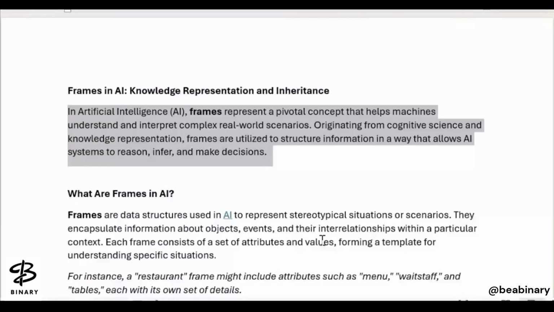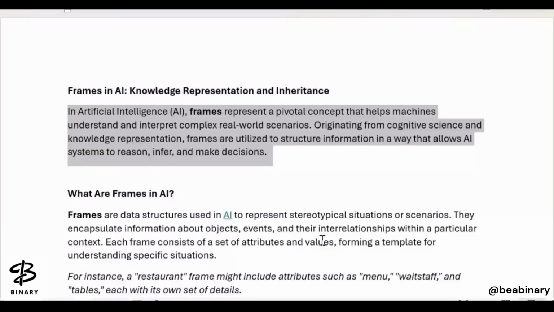Originating from cognitive science and knowledge representation, frames are utilized to structure information in a way that allows AI systems to reason, to infer, and to make decisions.